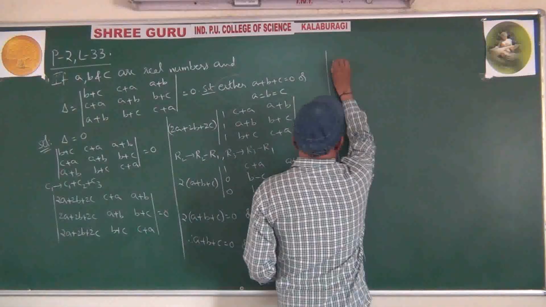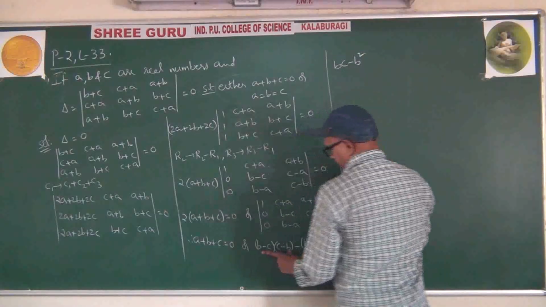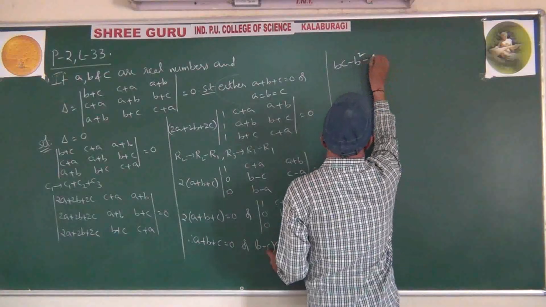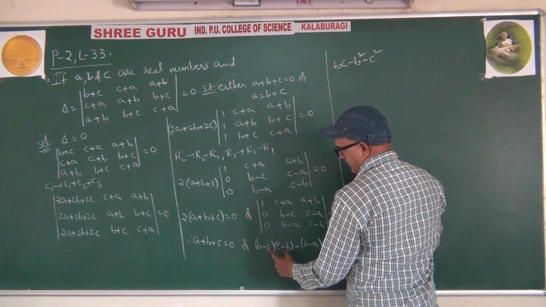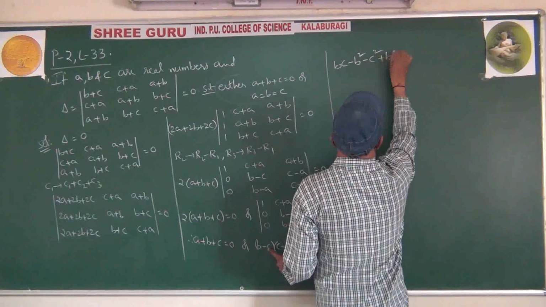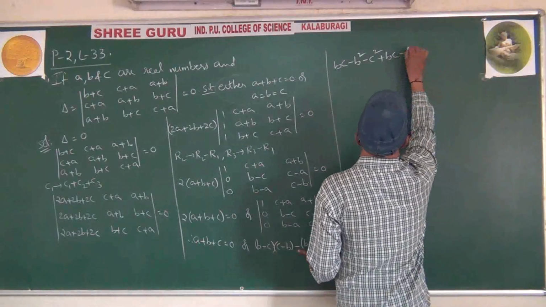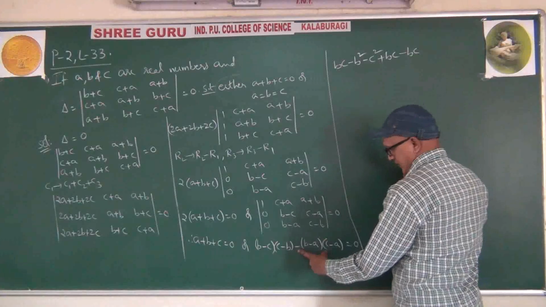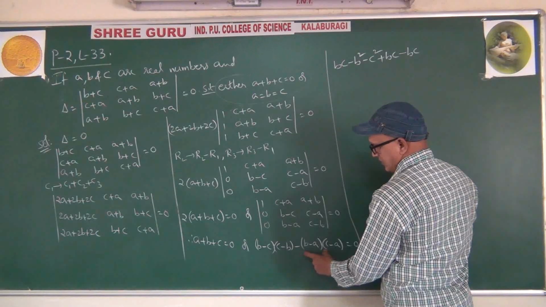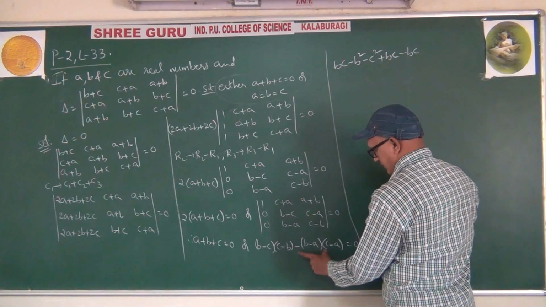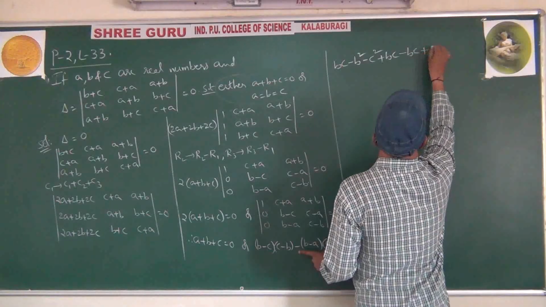B into c, bc. B into minus b square. Minus c into c, minus c square. Minus into minus plus bc. Minus b into c, minus bc. Minus bc, minus bc.